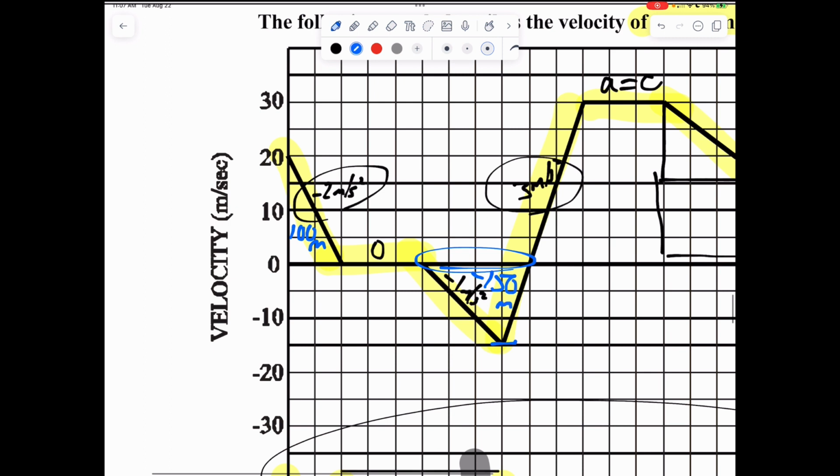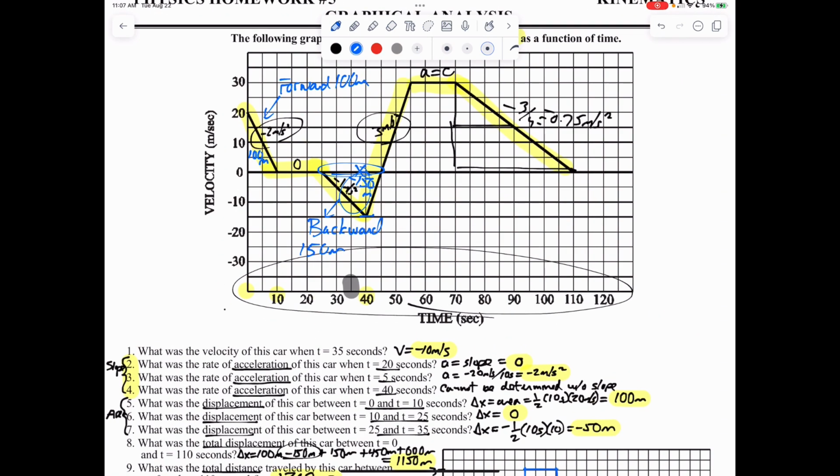So you went forward 100 meters, here you went backward 150 meters. Which means sometime in here, probably about right here, you would have the exact same.